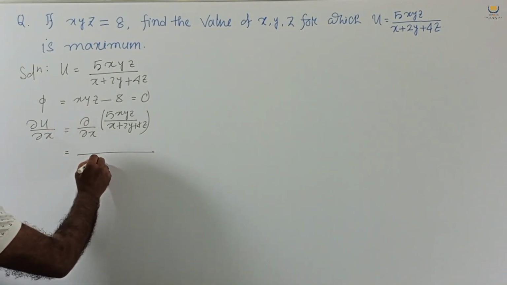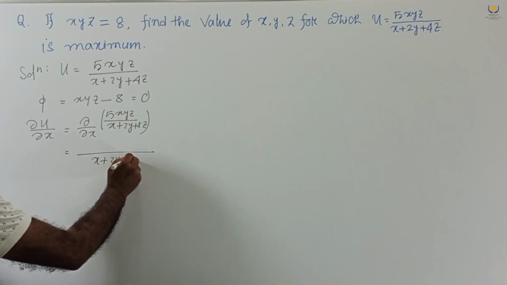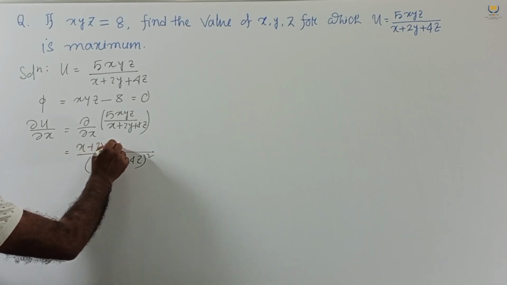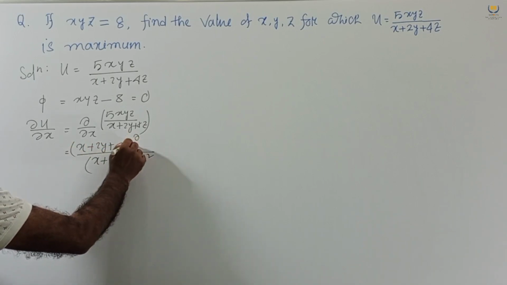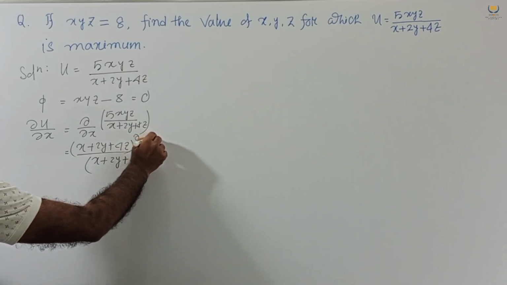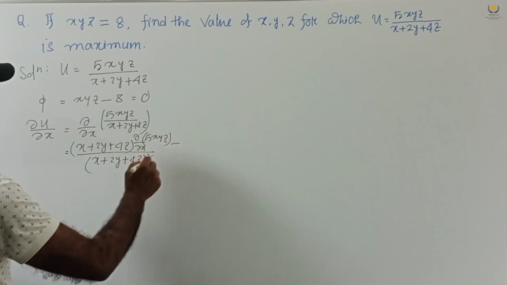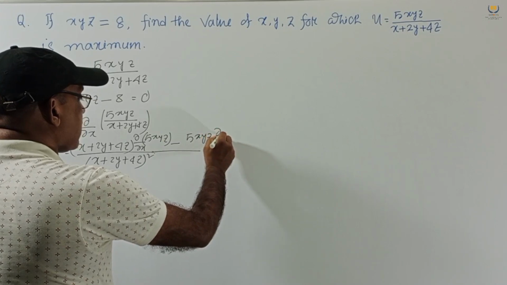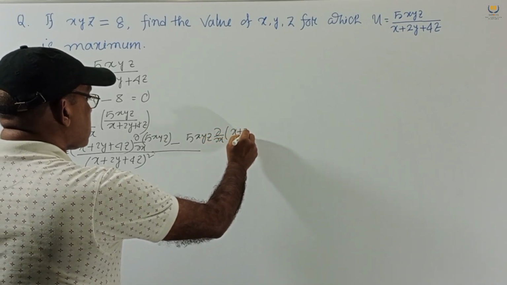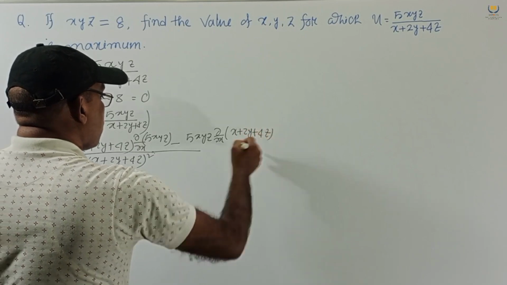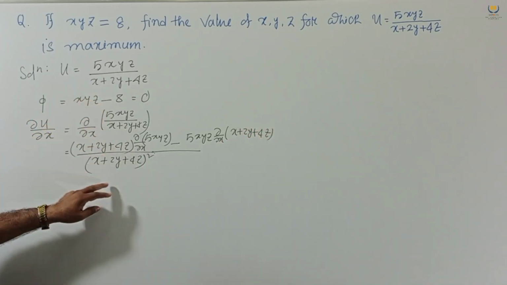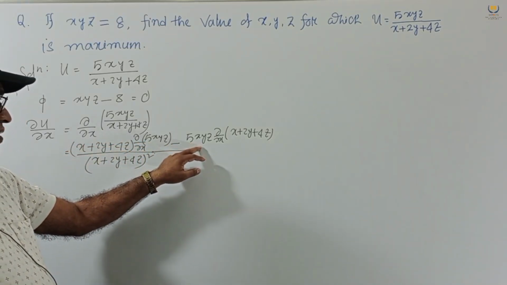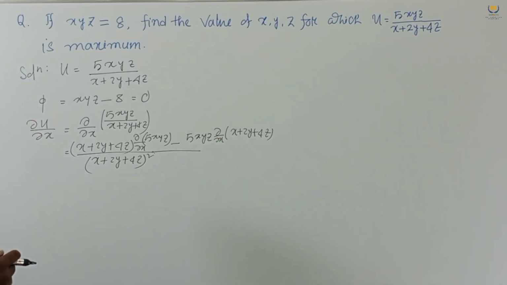By the quotient rule we get: (x plus twice y plus 4z) times del x of 5xyz, minus 5xyz times del x of (x plus twice y plus 4z), over (x plus twice y plus 4z) whole square. So the quotient rule: denominator times del x of numerator minus numerator times del x of denominator, over denominator whole square.